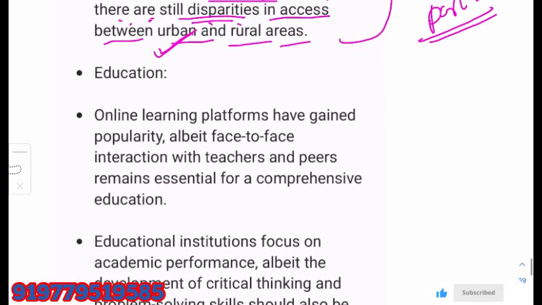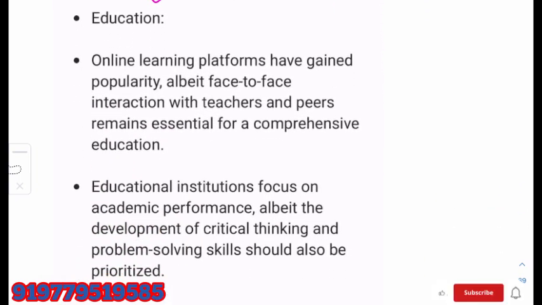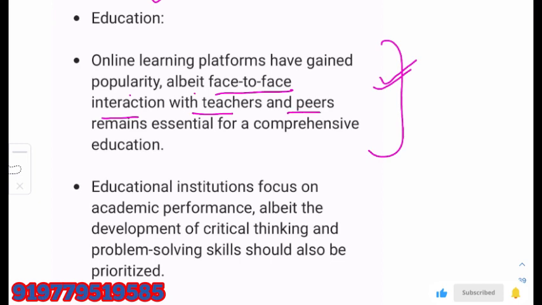Now education: Online learning platforms have gained popularity. This is very common, albeit, I remembered the question, that's why: face-to-face interaction with teachers and peers remains essential for a comprehensive education. What does comprehensive mean? Holistic, all-round development of the individual.